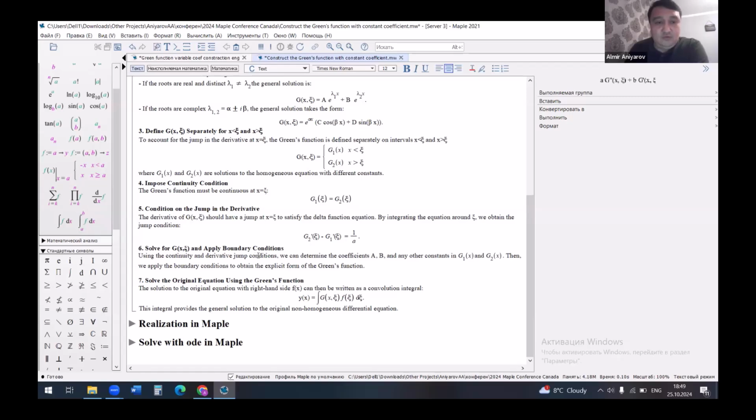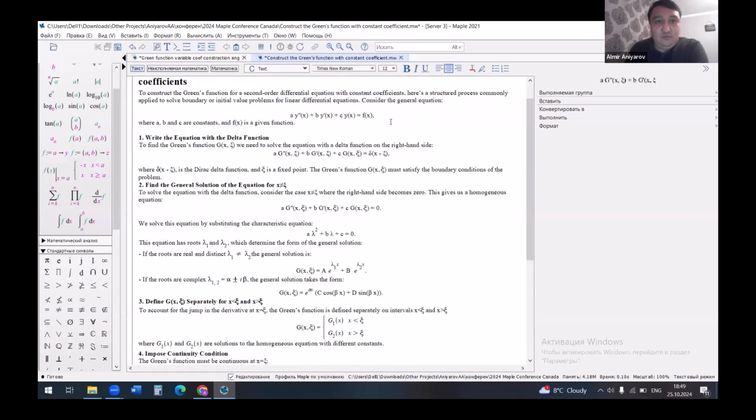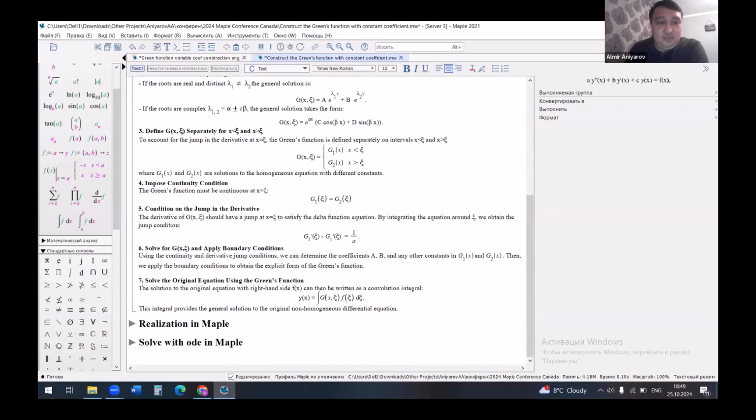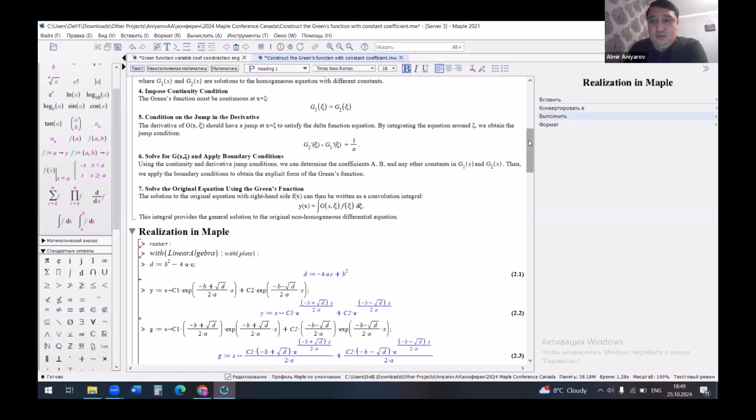The homogeneous differential equation has this form first, and after that we solve the original equation, which looks like this form.